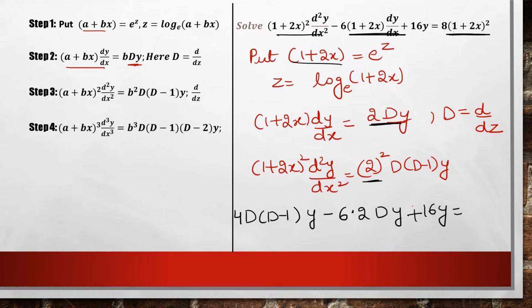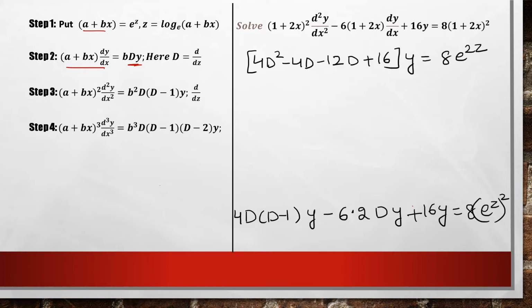It is e power z. So this is 8 e power z, and because we have the square of this, it becomes e power 2z. Now after simplification, we get 4D square minus 16D plus 16 y equal to 8 e power 2z.